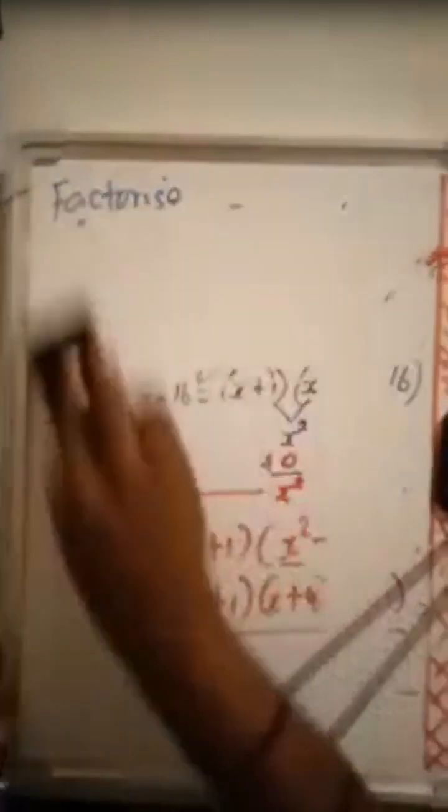So this one is saying solve: 4x cubed minus 8x squared minus x plus 2 is equal to 0.